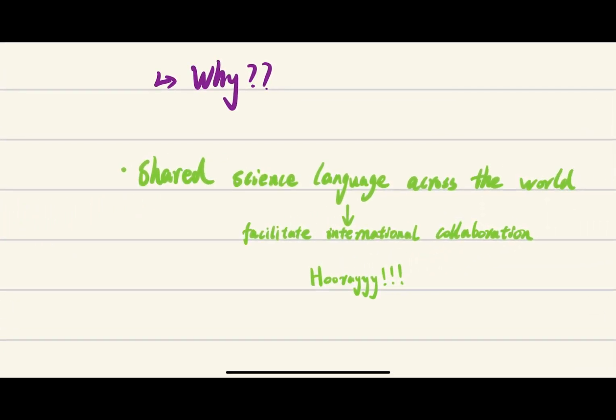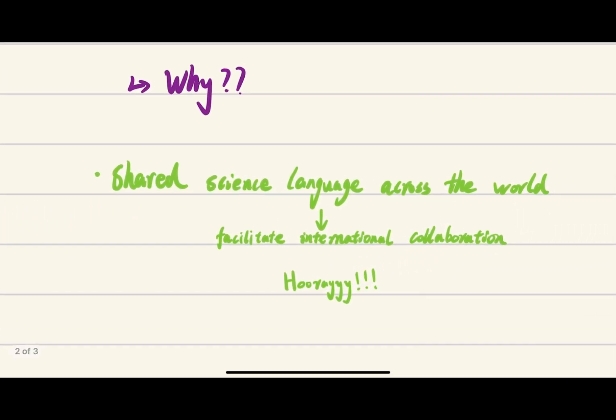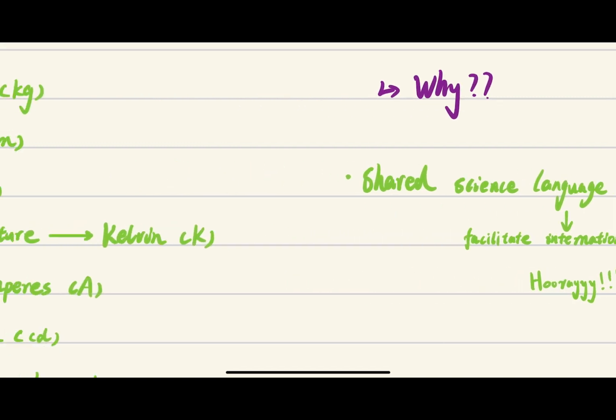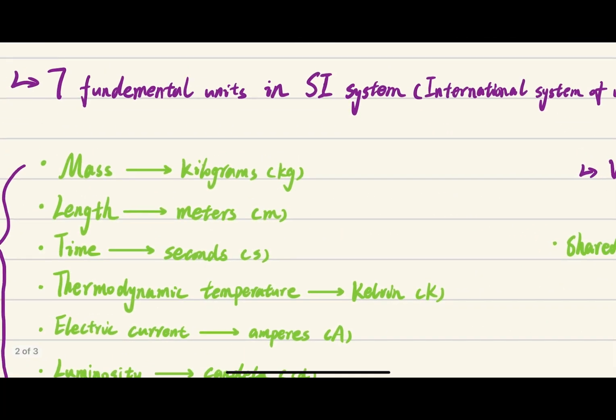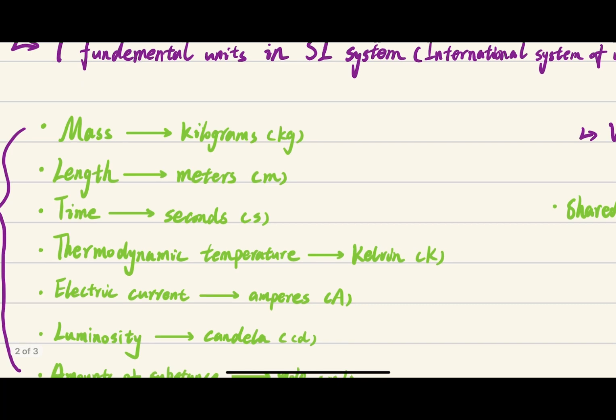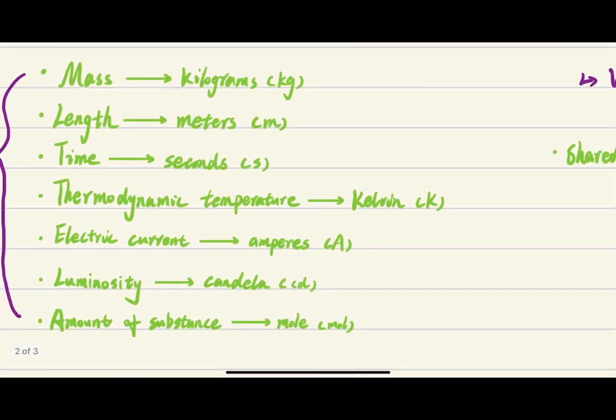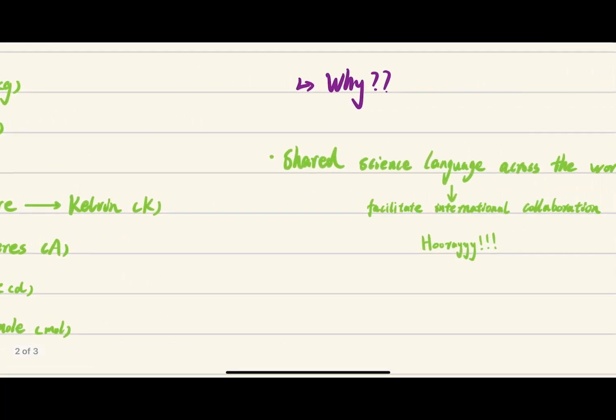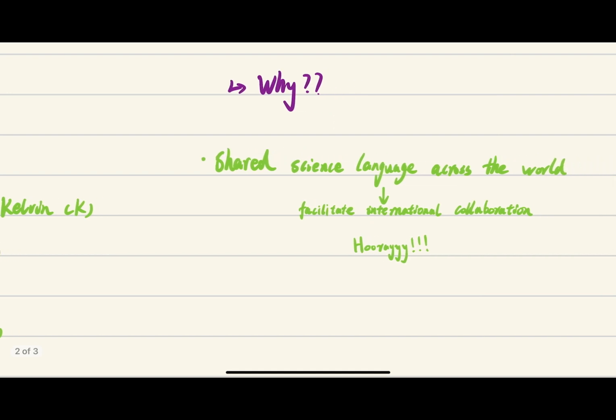Then I do have a question: why are we doing this? Why bother setting a standard and having those fundamental, most basic units? I believe you already have an answer.